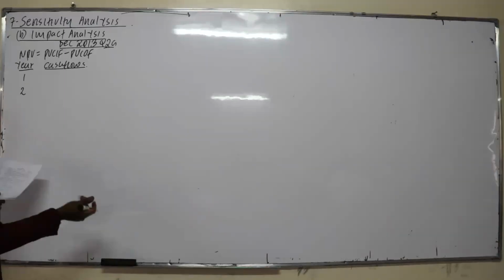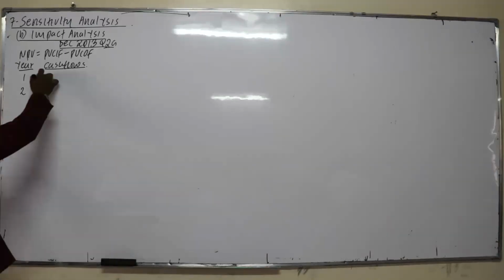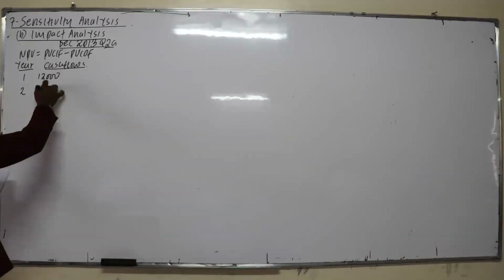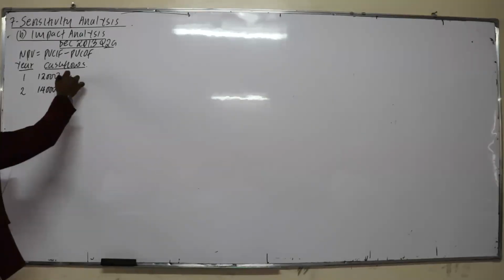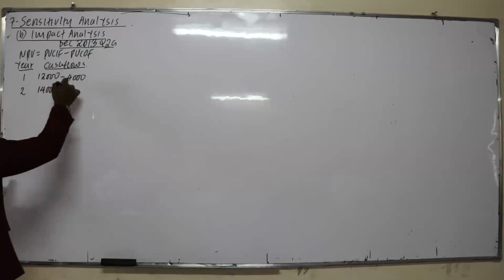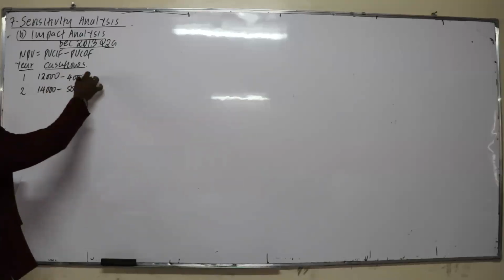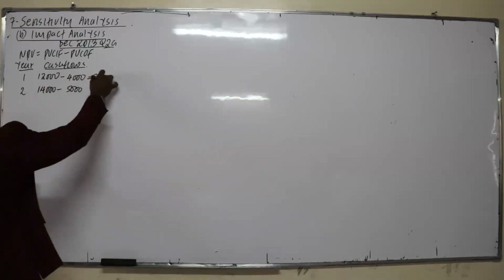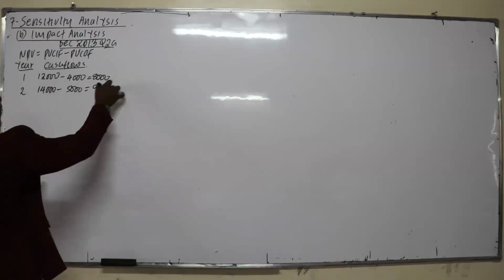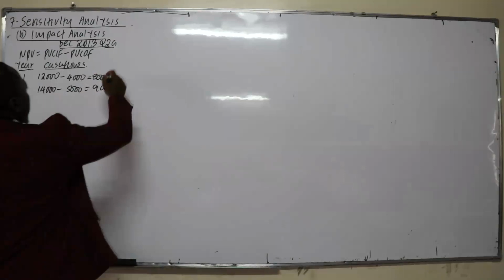So we have 12,000. Here we have 14,000. Then you deduct the running cost. Year 1, we have 4. Year 2, we have 5. So here you have a net of 8, a net of 9. Then you need to discount. So, the present value interest factor.